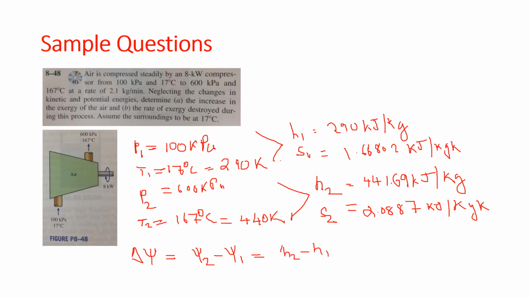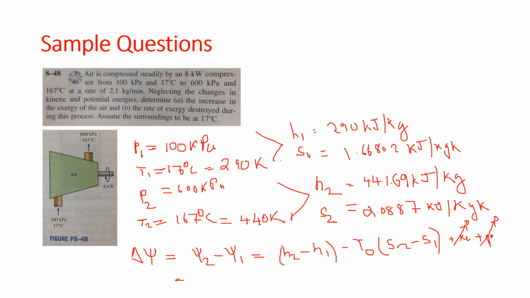Since we are dealing with flow devices, it's enthalpy minus T0 into S2 minus S1, plus the kinetic energy and the potential energy, which are 0, because they told us to ignore them.